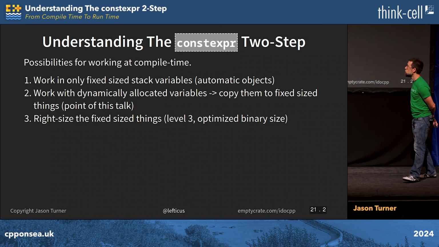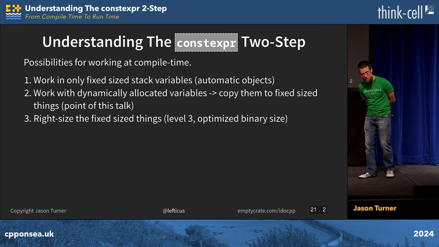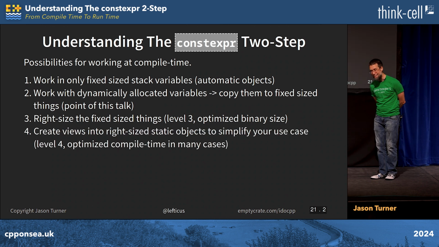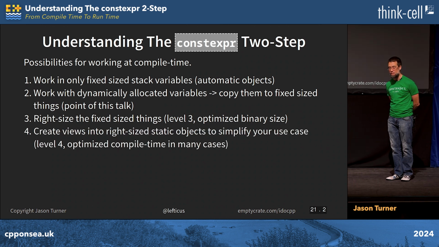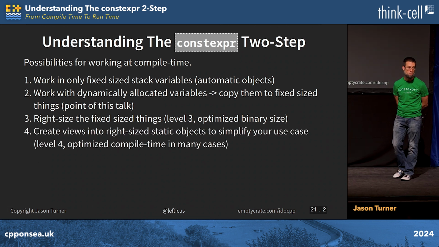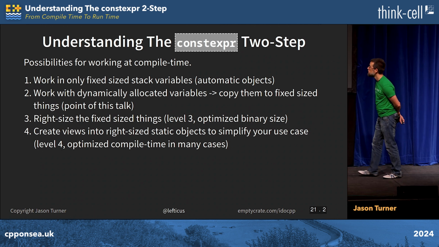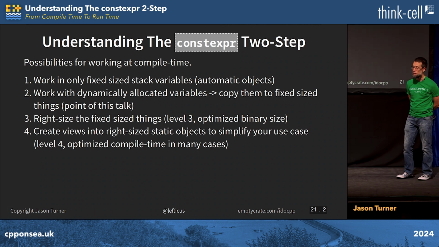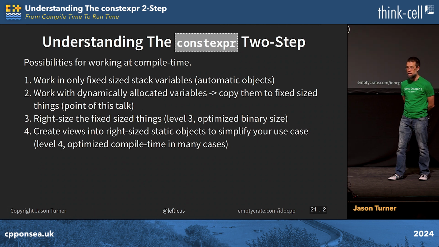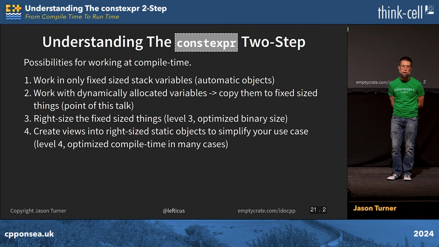Third option is to right-size the fixed-size thing so that we avoid bloating the binary. And then the fourth step is creating views into the right-sized statically known things to simplify our use case.